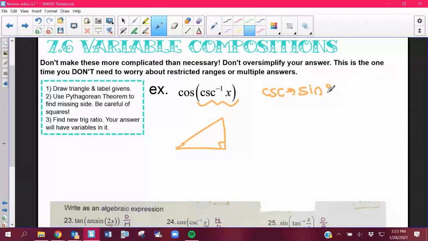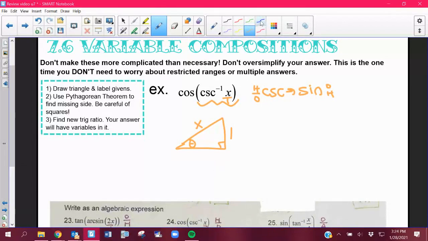So sine is normally opposite over hypotenuse, so cosecant must be hypotenuse over opposite. They gave me my hypotenuse is x. Remember, you have to orient yourself. Here's my theta that I'm looking at. This is the angle. So my variable is going to be x on the hypotenuse. And then again, if it's not a fraction, make it a fraction. It's over 1. So my opposite leg would be 1.